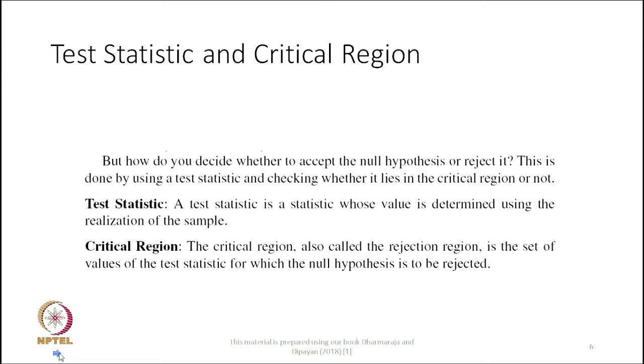If you recall the interval estimation concept, you are identifying the interval in which the unknown parameter can lie with the given alpha by observing a sample size of n.